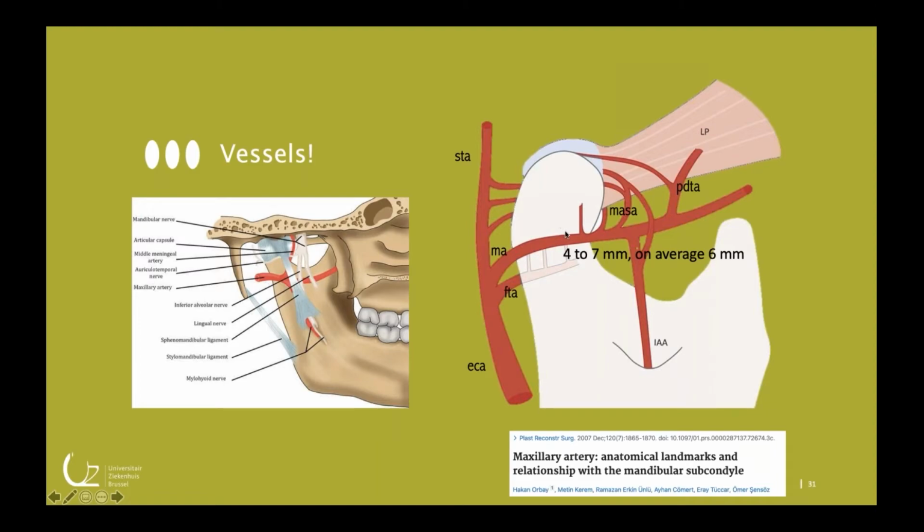The distance between the maxillary artery and the subcondylar region is only 6 mm on average, and sometimes it may be as short as 4 mm. Be careful. Do not section with mechanically driven instruments through the medial cortex. Just fracture the medial cortex.